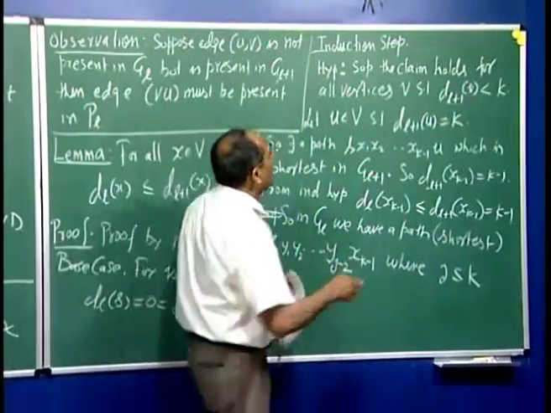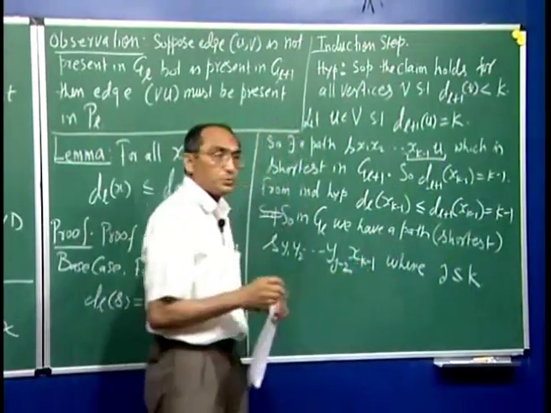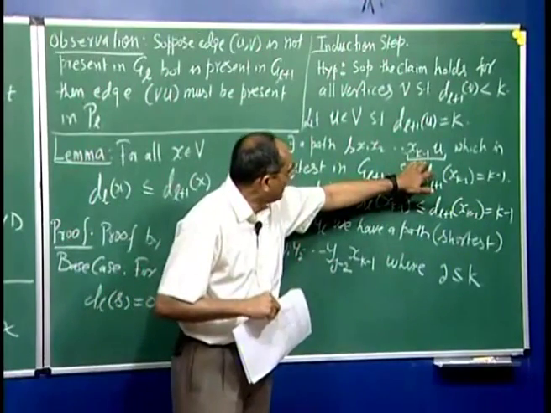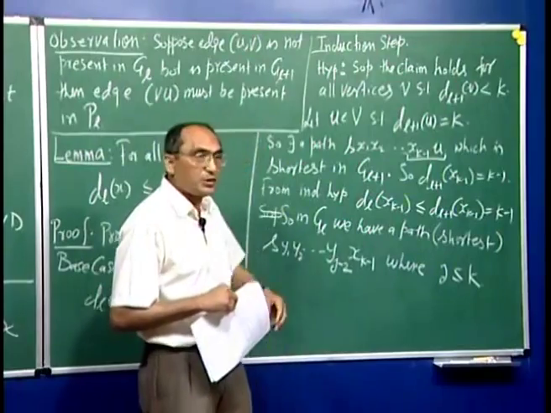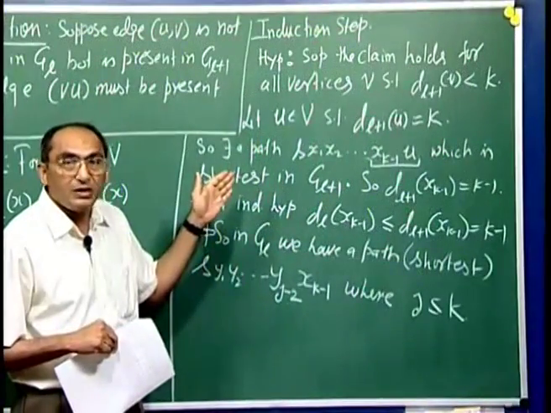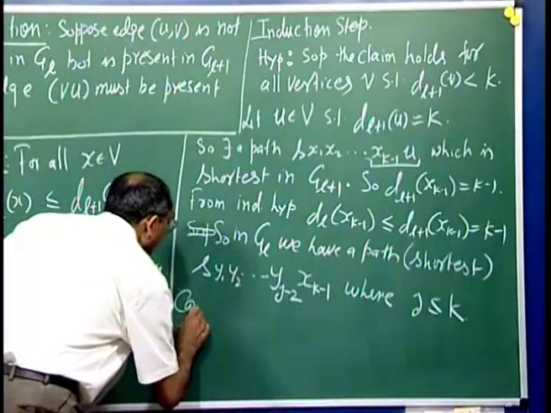Now let us take a look at this edge xk minus 1 u. Now this edge is present in GL plus 1. So there are two possibilities, either it is present in GL or it is not. So we will consider two cases.